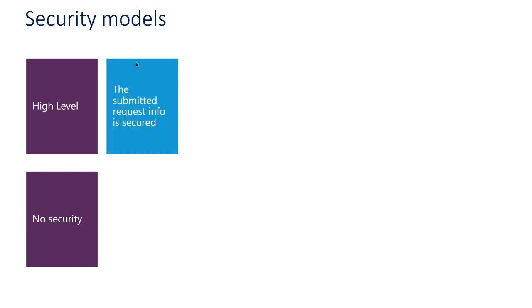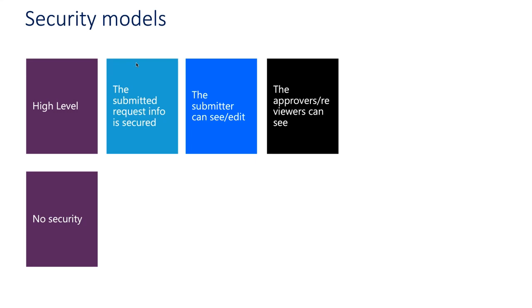High level means that if a person submits a request, the request is secure. That means the person who submits can visualize and edit, or you can also submit on behalf of someone else. Then both of you can see and edit the request. The approvers in the pipeline can see the request as well because they are approvers.